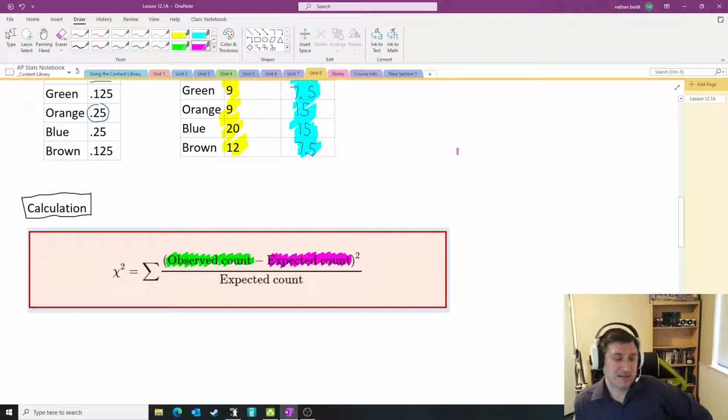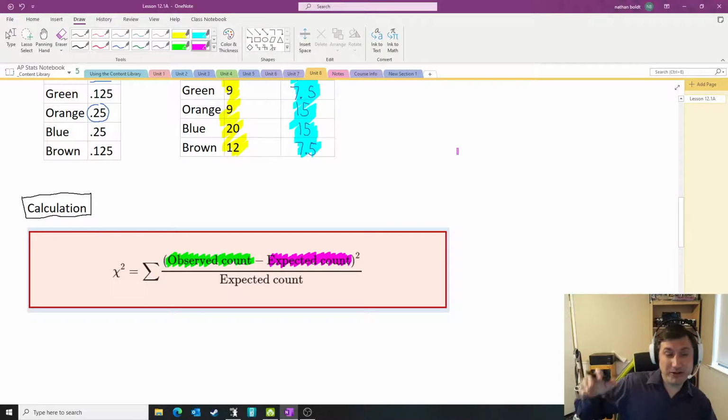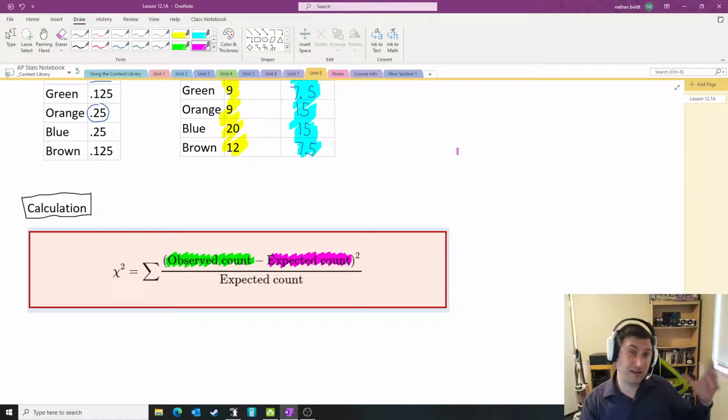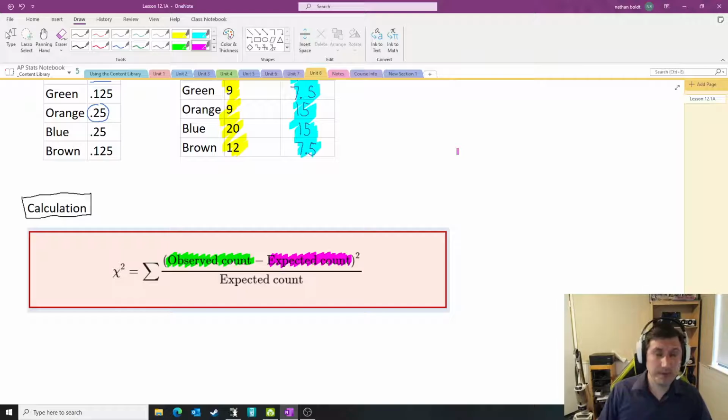But sometimes your observed is the bigger number, sometimes your expected value is the bigger number, and that means the result would be positive and negative sometimes. Well, when we combine it all, we don't want those to cancel out. We want the negatives and the positives to both influence how weird our sample is, and that's why we square it.